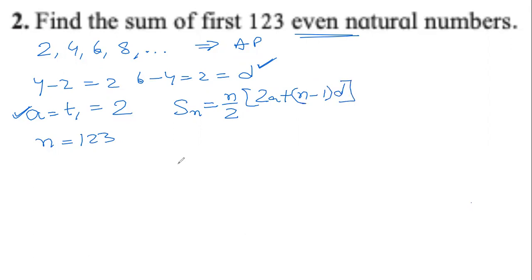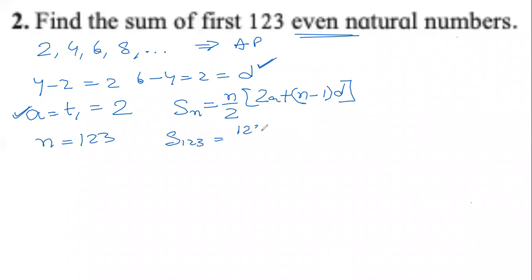Now is the time when you put the pen to your notebook, put the values in this equation, solve, find the value of S, take a picture, send it to me on WhatsApp. Waiting for your messages. So using this formula, we have to find S123.